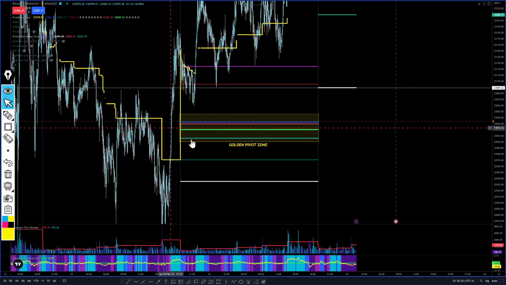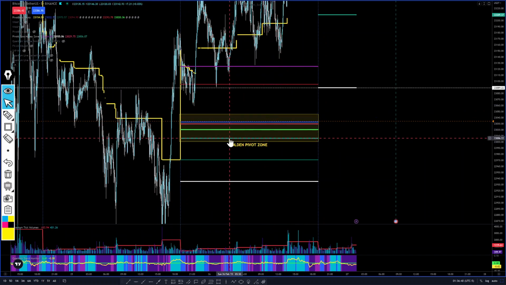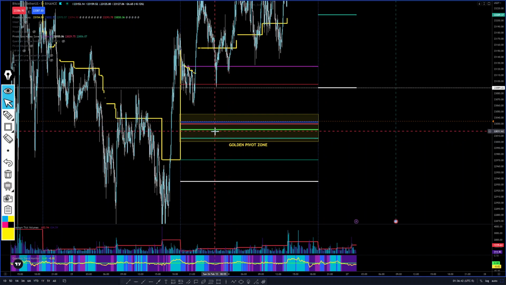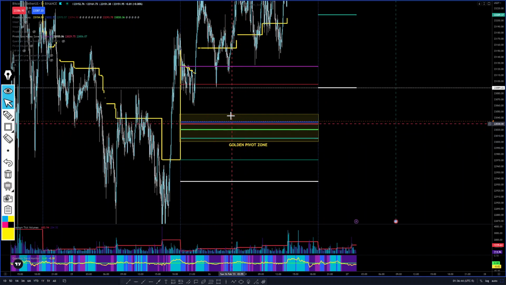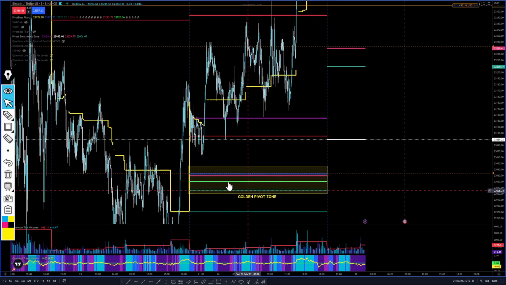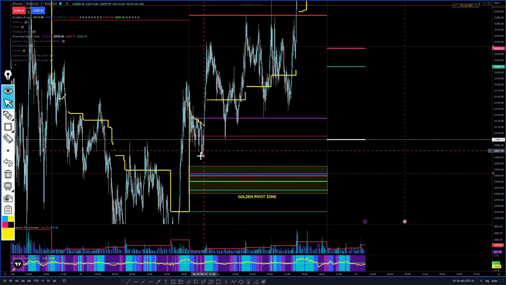we call that a golden pivot zone, and depending on where price is, it creates heavy support or heavy resistance. Yesterday this was a support area and price never even really touched it.